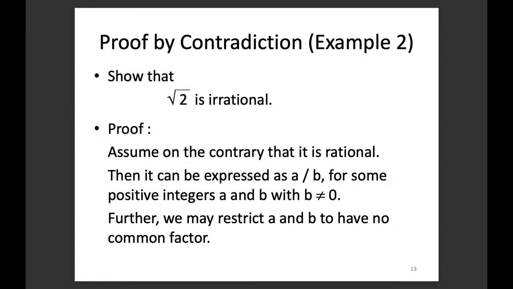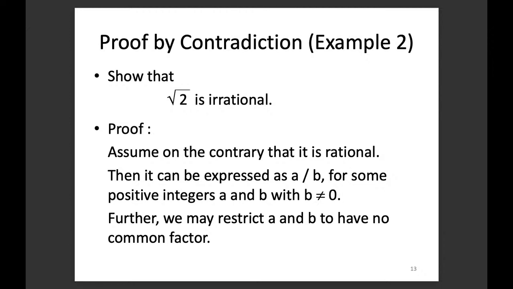The number 0.5 is rational because you can express it as 1 divided by 2. And then, for instance, 0.142857, repeating again and again, is also a rational number. It is exactly equal to 1 over 7.